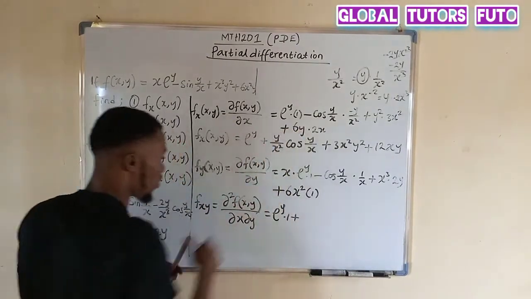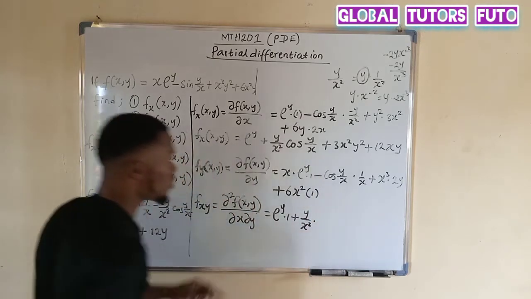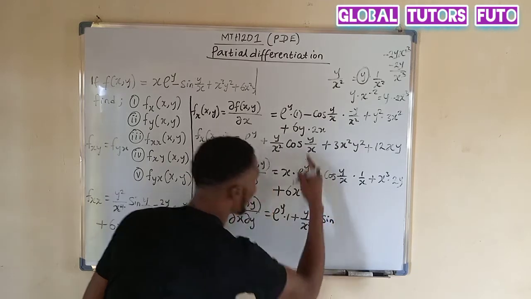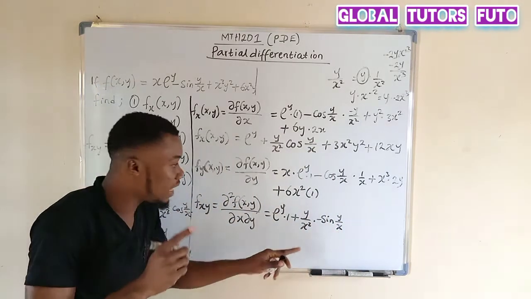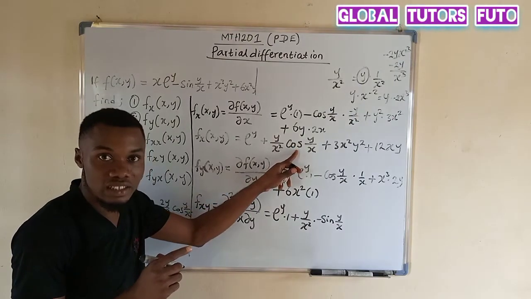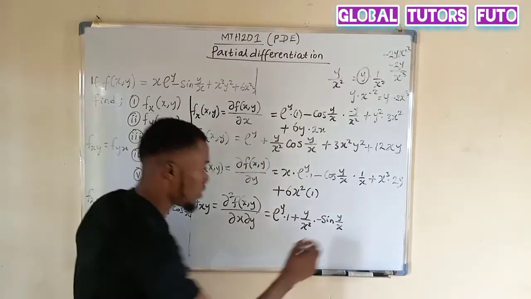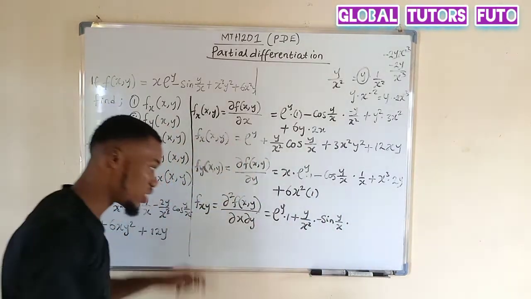So I will keep this one constant, y over x squared. If I differentiate cos, I will get negative sine y over x. Now don't forget that whenever you differentiate any trig, don't forget to differentiate the angle. Very, very important. So now I am differentiating this angle partially with respect to y, not x.